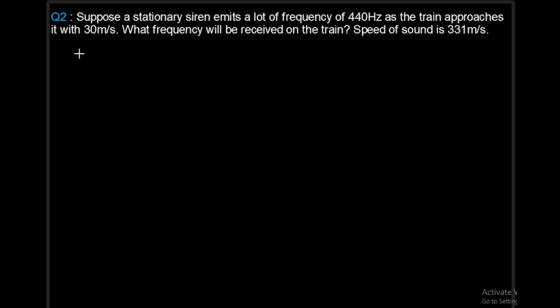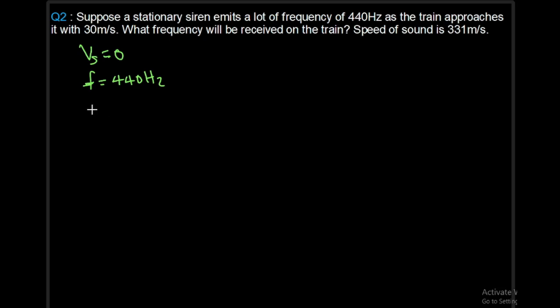So we have velocity of source to be equal to, now they said the siren is stationary, so velocity of source is 0. And then they said emits a lot of frequency. This is the actual frequency of the sound, so we have actual frequency to be 440 hertz. You see that as the train approaches it with 30 meters per second. Now the train is the observer because they say what frequency will be received on the train.